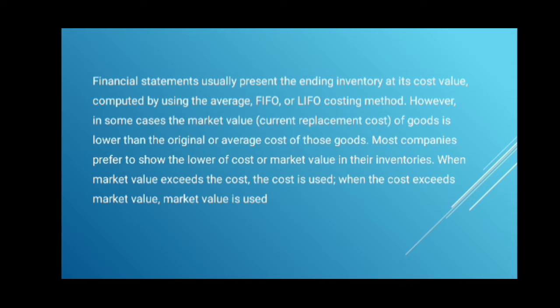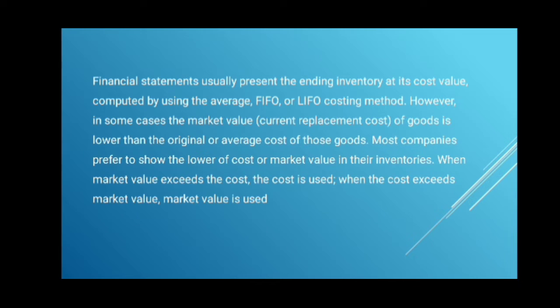The first in, first out or FIFO costing method is based on the assumption that the cost for units sold is determined in the order in which the units were purchased, and the last in, first out or LIFO costing method is based on the assumption that the cost of the inventory remaining is determined by the cost of the units purchased the earliest.